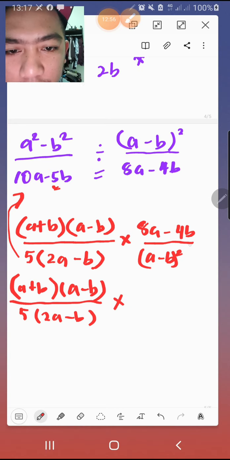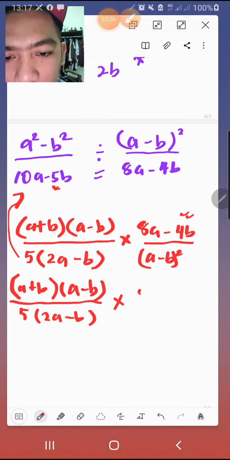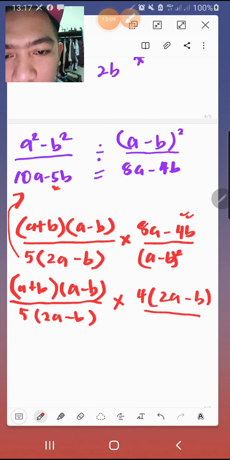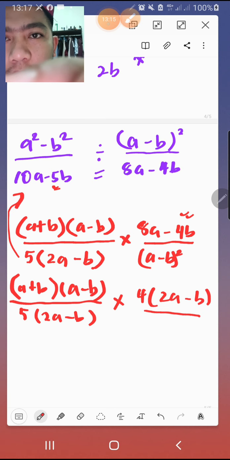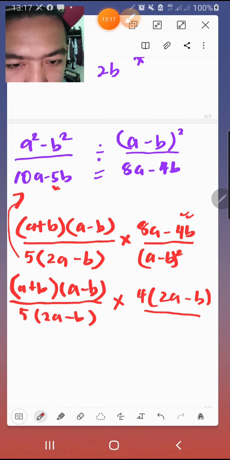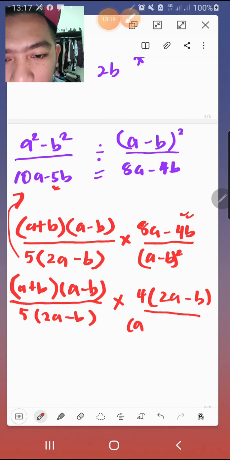So this one you factorize, take the smallest factor, take out 4 times 2a minus b, over this one a minus b square. So you can factorize as a minus b, a minus b.